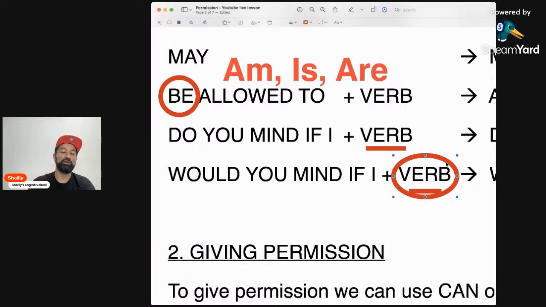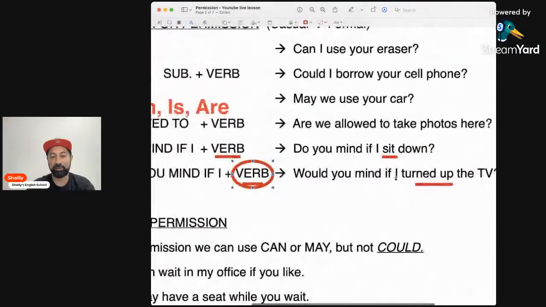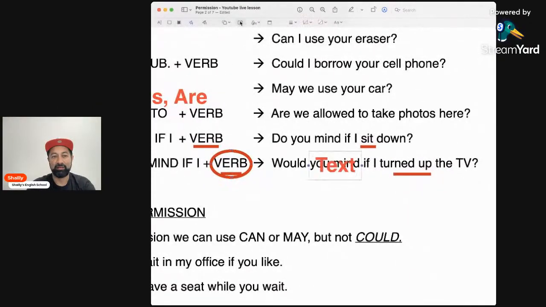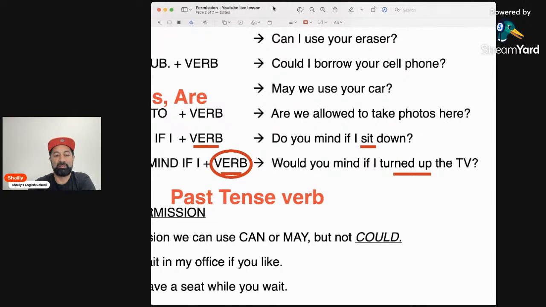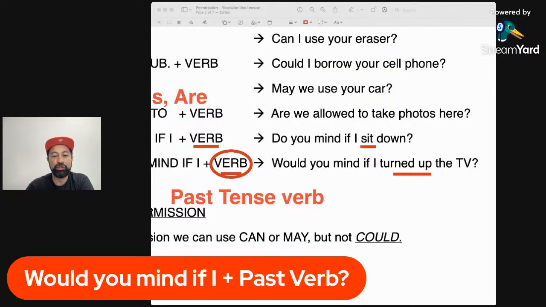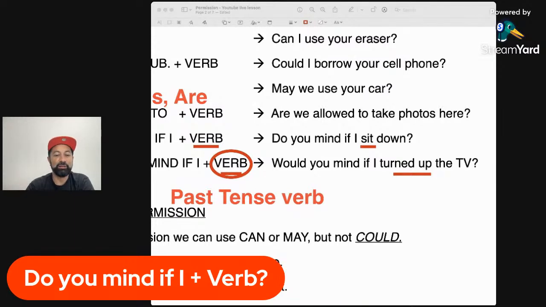Every time you use "would you mind," your verb must be past tense. Okay, does that make sense to everyone? Make sure this is a past tense verb. I'll put it on here as well. So, "would you mind if I" plus a past verb, and "do you mind" is just going to have a regular verb.